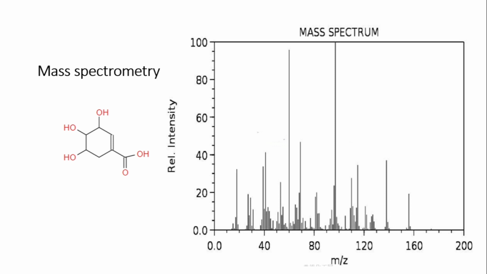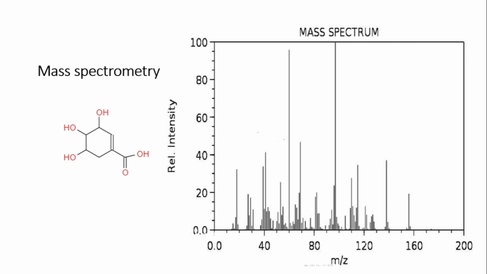Other common fragment ions include mass over charge 138 ions resulting from the loss of carbon dioxide, and mass over charge 108 ions from the loss of two carbon dioxide molecules.